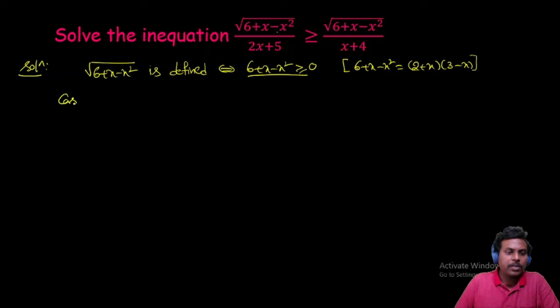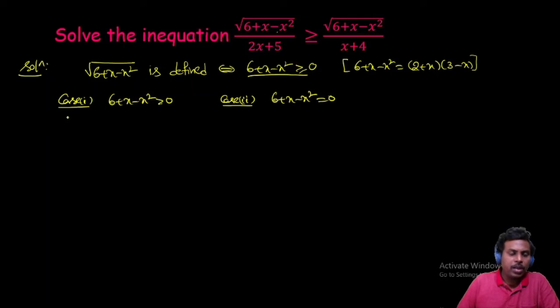So that's why we split this problem into two cases. So case 1 is what? 6 plus x minus x square greater than 0. And case 2 is 6 plus x minus x square is equal to 0. Now let us solve this problem in case 1. Okay. Case 1 we will solve.